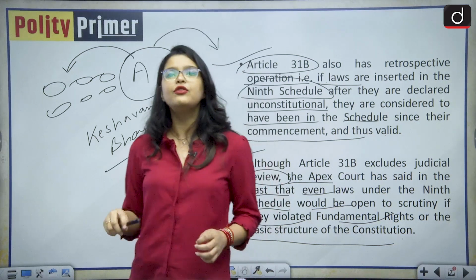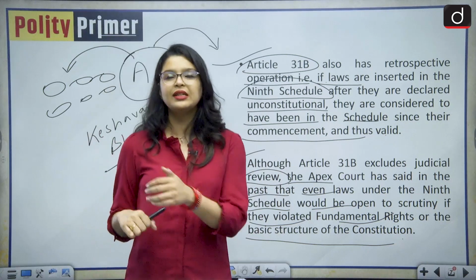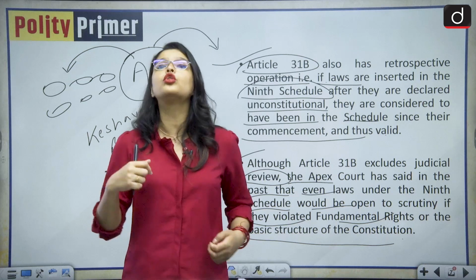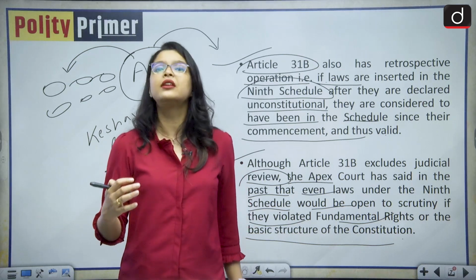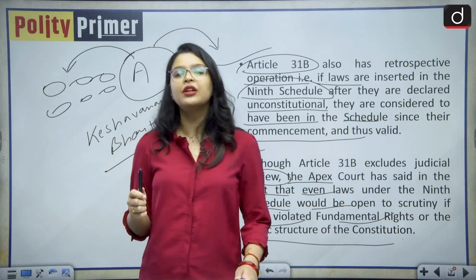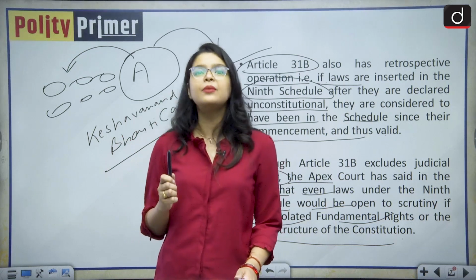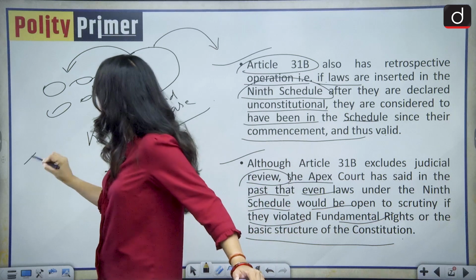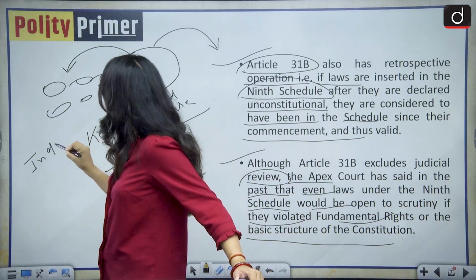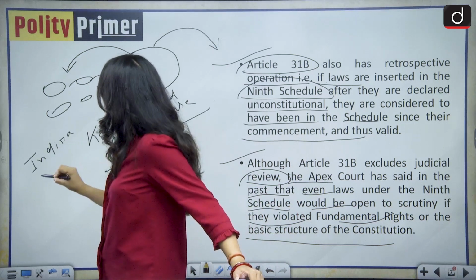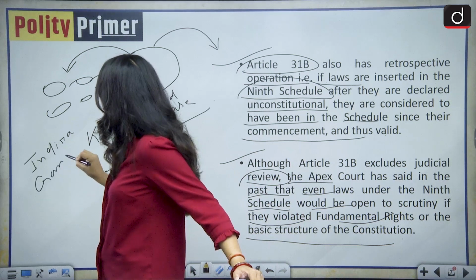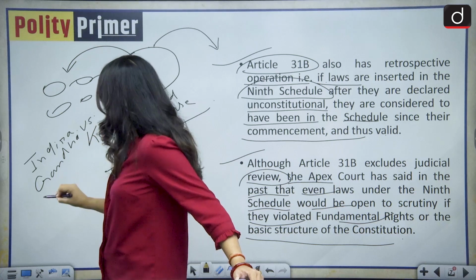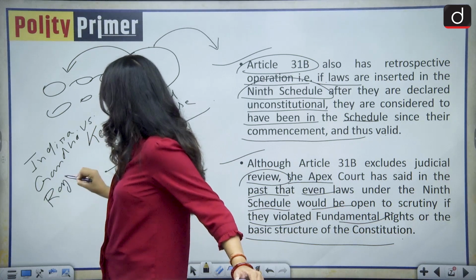So after the evolution of the basic structure doctrine in the Keshwanand Bharti case, the laws which are placed in the 9th schedule could also be judicially reviewed. And you should remember that judicial review is a part of the basic structure doctrine, as has been declared by the Supreme Court in the Indira Gandhi versus Raj Narain case.